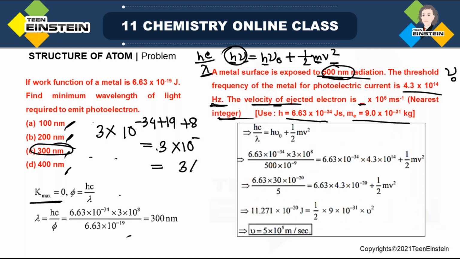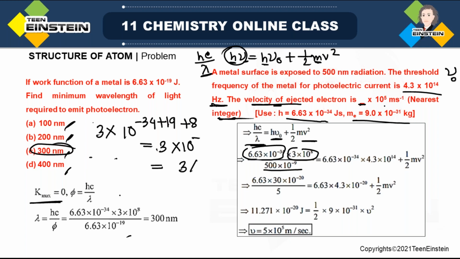So this is the calculation. hc by lambda, where lambda is 500 nanometer, h nu naught, then kinetic energy. So look at the left hand side. This is the value of h, Planck's constant. This is the value of c. This is the value of lambda, but it is in terms of meter. Don't forget to convert 500 nanometer to meter.